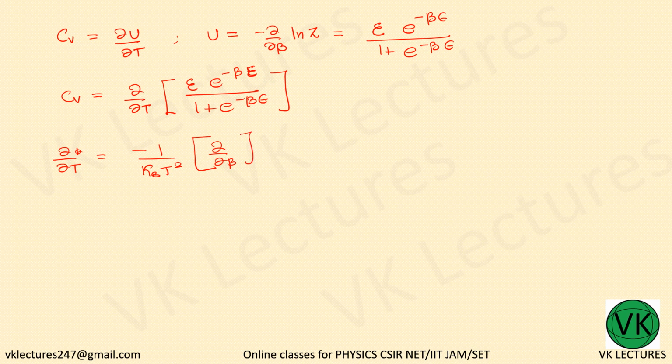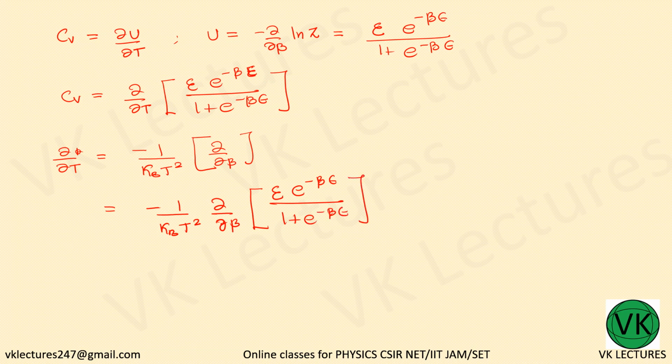So converting that, minus 1 by kBT square into ∂/∂beta of e to the power minus beta e divided by 1 plus e to the power minus beta e. Here we have the differentiation.